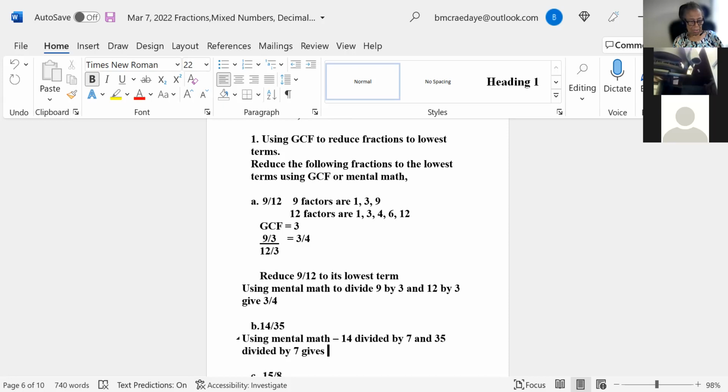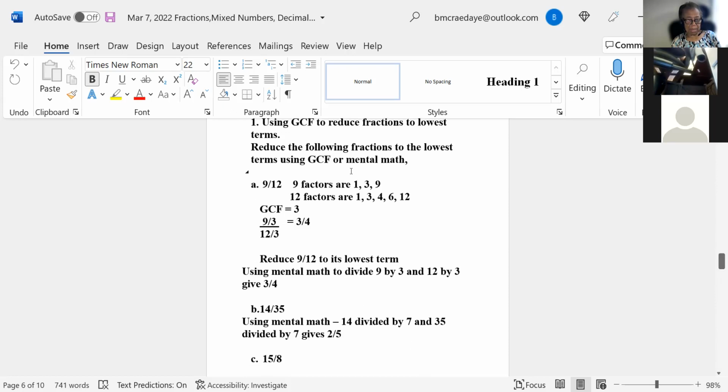It's 2. 35 divided by 7 is what? 5. So it gives you 2/5, because if you multiply 7 by the numerator 2, you get 14, and 7 by the denominator 5 gives 35. So you can use mental math and get it.